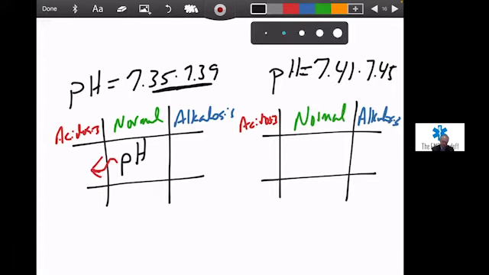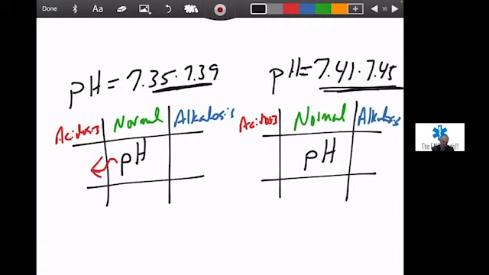My pH is between 7.41 and 7.45, still in the normal range, but it is slightly moving in that direction. So with 7.40 being my exact midpoint, I think about the other stuff. But remember, the normal pH should be between 7.35 to 7.45. All right.